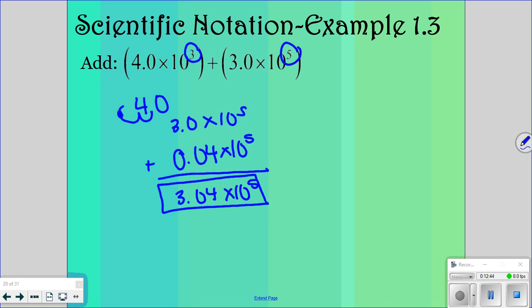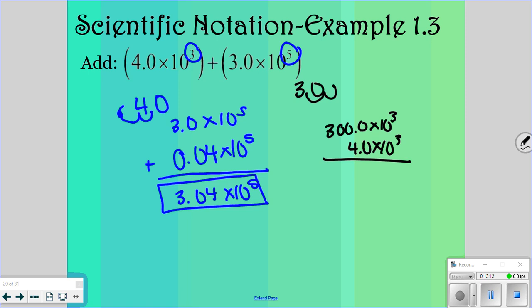Now let's say that we wanted to move it so that the second one is in 10 to the 3rd instead of changing the first one. So if we're going to change 3.0, we would need to make it 2 places to the right. And so we would have 300 point whatever times 10 to the 3rd, and then 4.0 times 10 to the 3rd.